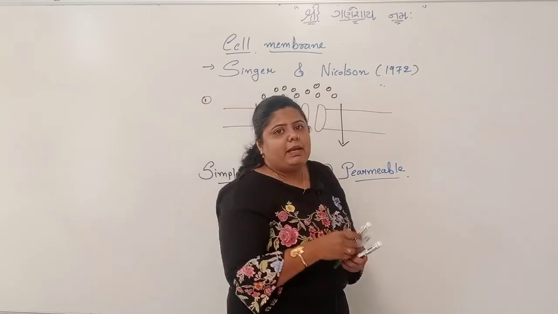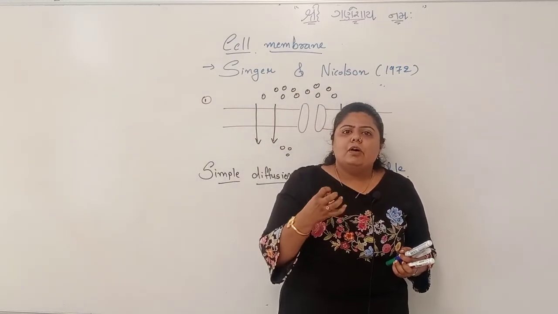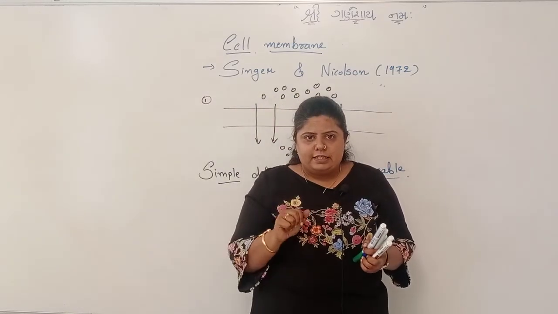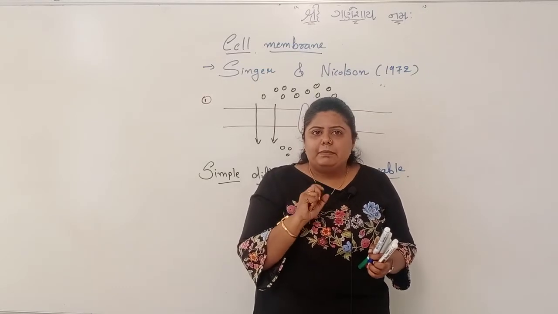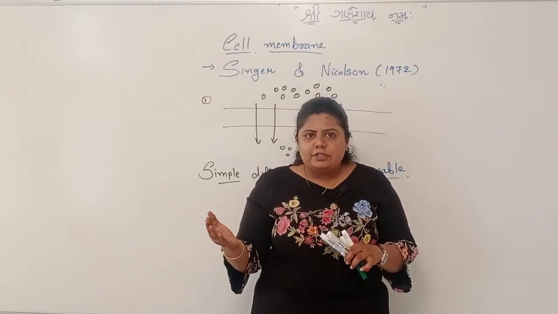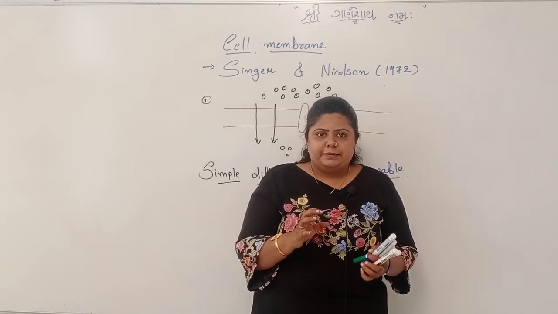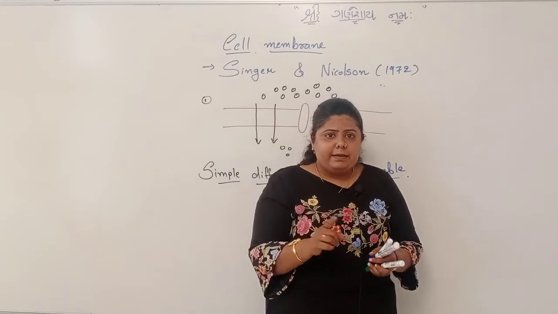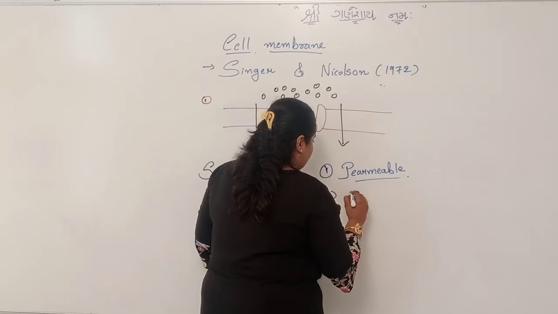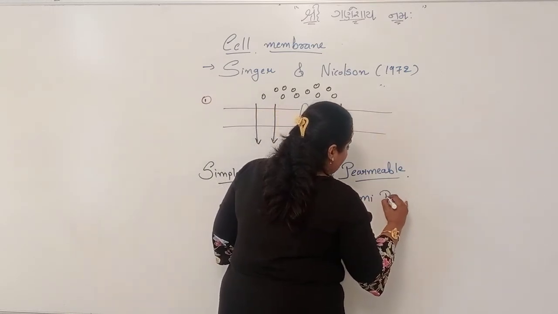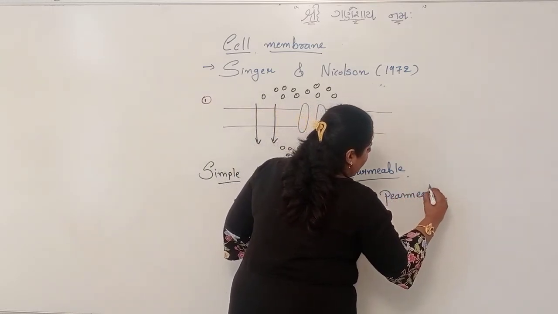This type of membrane allows all molecules to pass across it. That's why it's called permeable. Either there is a solute or a solvent. Second, semi-permeable.